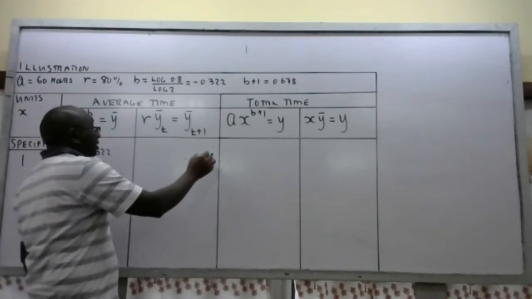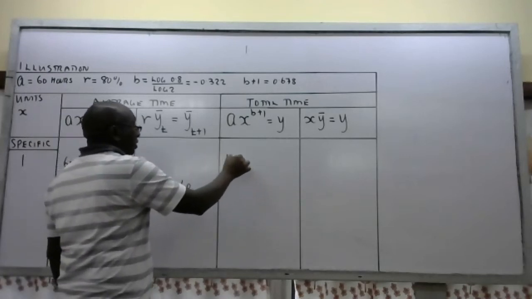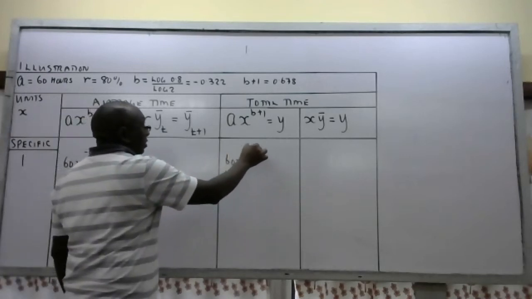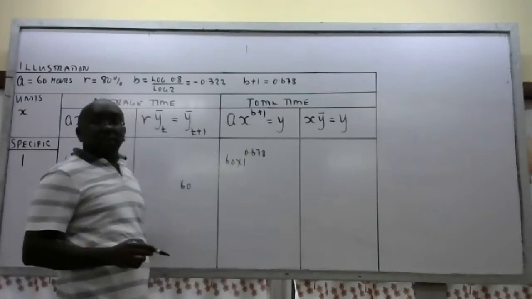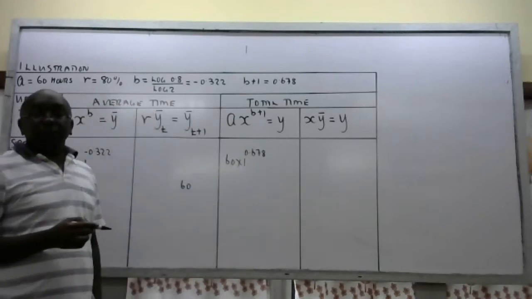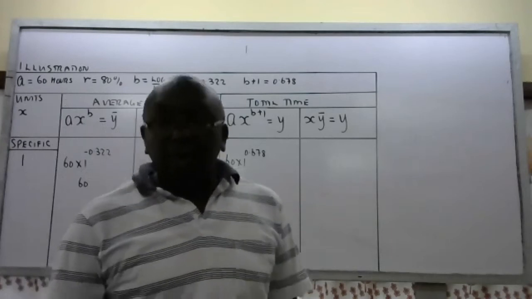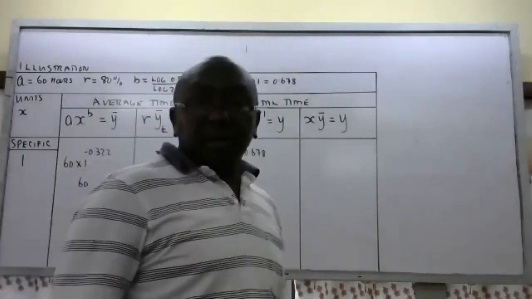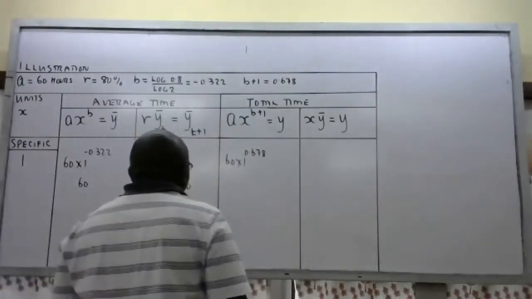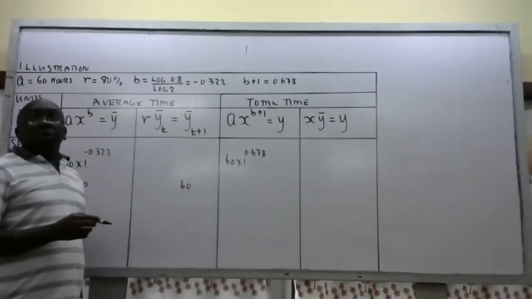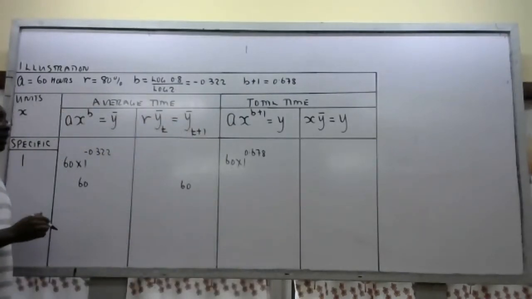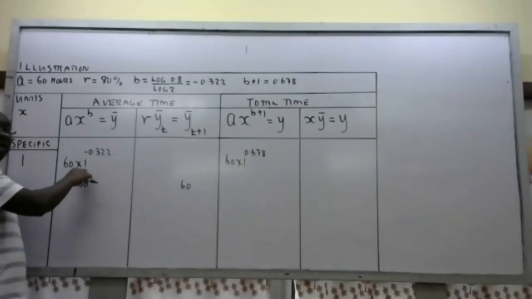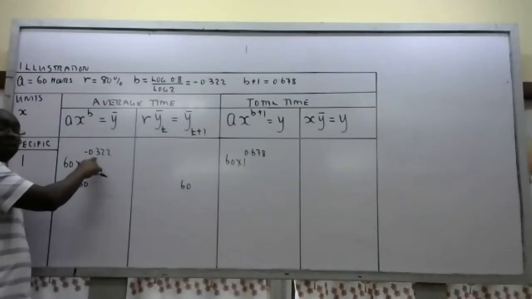Then here, it is going to be 60 times 1 raised to power 0.678. What we are supposed to do, those who are not getting 60, once you take 1, you raise to this power. Then you say equals.